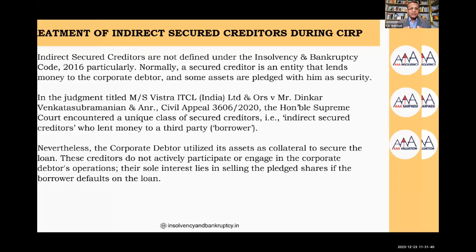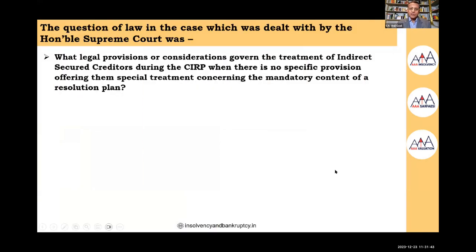So now, in this case, the question of law dealt with by the Honorable Court was whether the legal provisions or considerations govern the treatment of an indirect secured creditor during CIRP, when there is no specific provision offering them special treatment concerning the mandatory contents of a resolution plan. As I have already said, Section 30 subsection 4 says that the committee of creditors will decide how much to be given to each claimant.